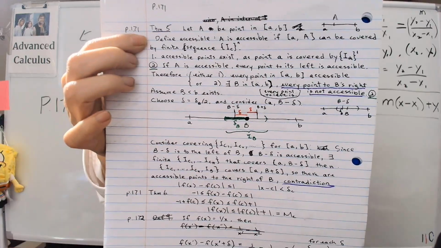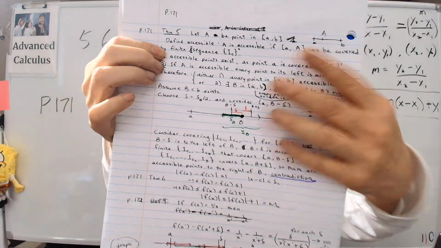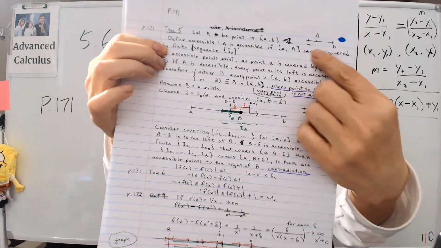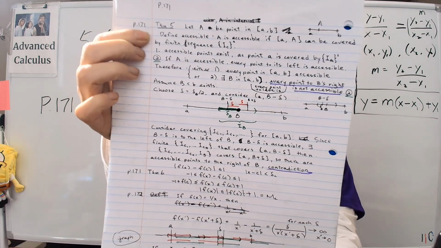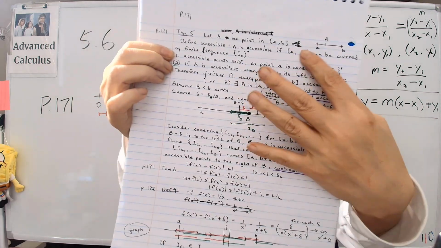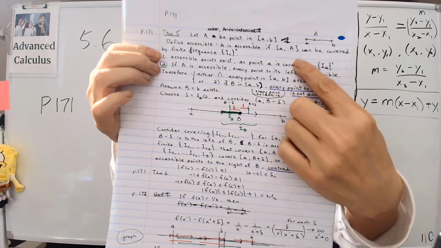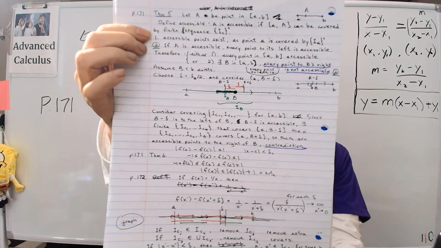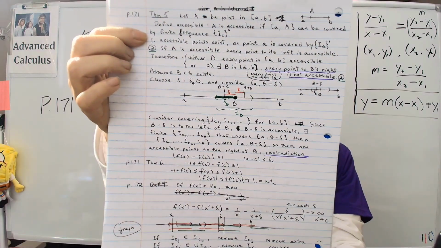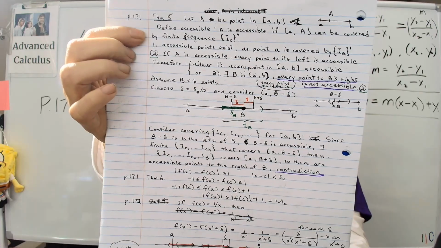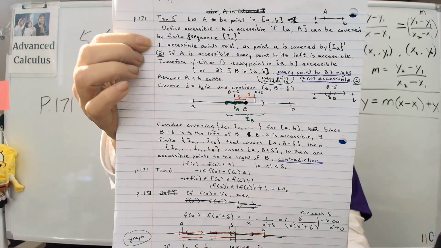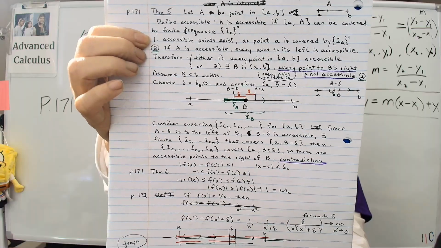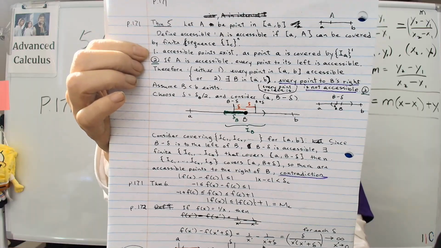So let A be a point. I have a picture here even. Big A is a point inside the interval AB. Accessible means that from the small a to big A, this closed interval can be covered by a finite sequence of ICs. Now, first, such points must exist.